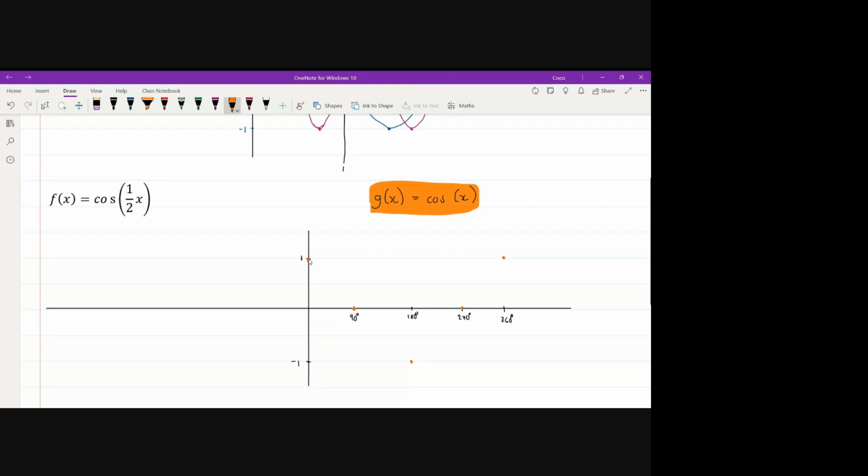So if we draw the mother graph, it'll look like that. Now we're going to do the same thing over here for cos of half x. The orange one is the mother graph. Let's see how this changes from what we have on our mother graph.